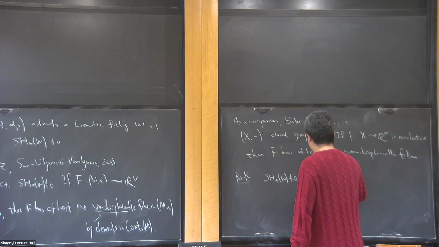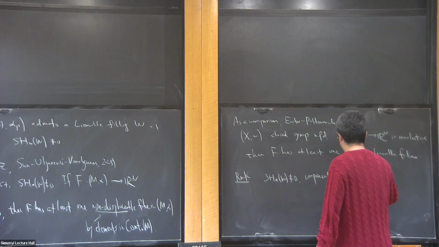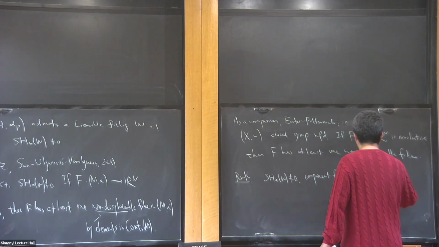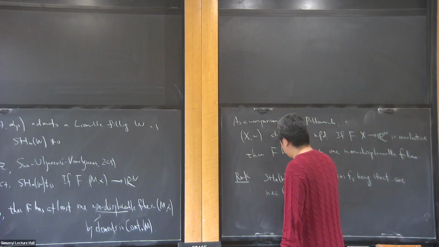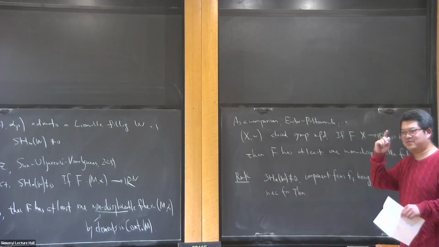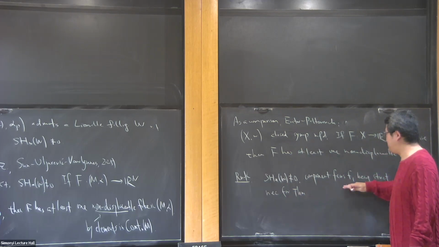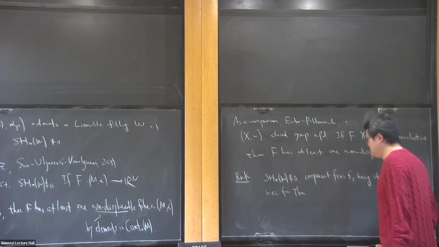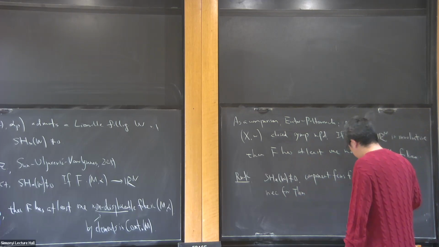So both of them are necessary for the theorem. I will leave this for you if you want to think about that. There will be some very easy example showing that if this fails, then the theorem actually fails. I'll probably tell you at the end of the talk.